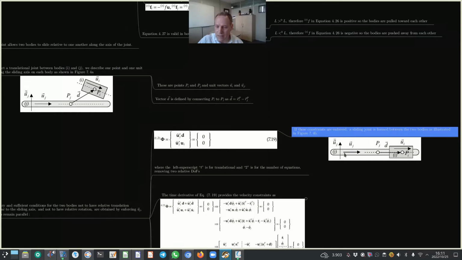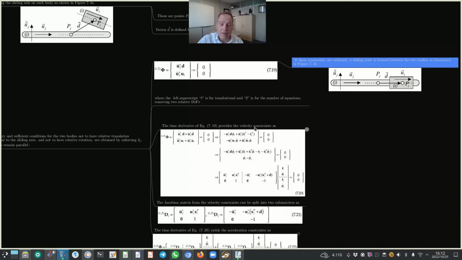And here you can clearly see the unit vectors don't have to be on the translation axis, as long as the unit vectors remain parallel to the translation axis. But the points, the 2 points, they definitely have to be on the translation axis.